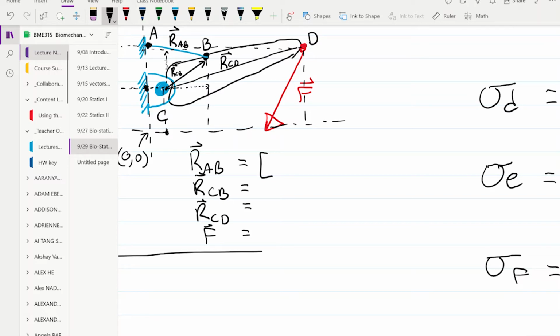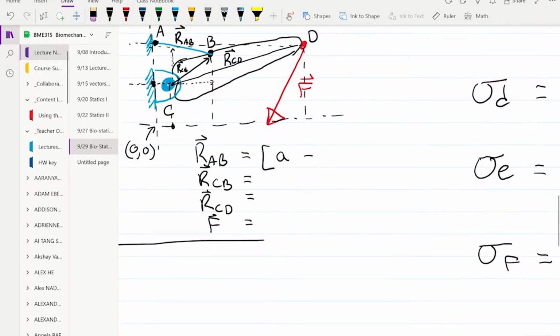I don't have that information off the top of my head, so I'm going to say that the location of A to B must be some positive value in the I direction, and I'm just going to call that A. It's going to be a negative value in the J direction, which we haven't described yet, actually.